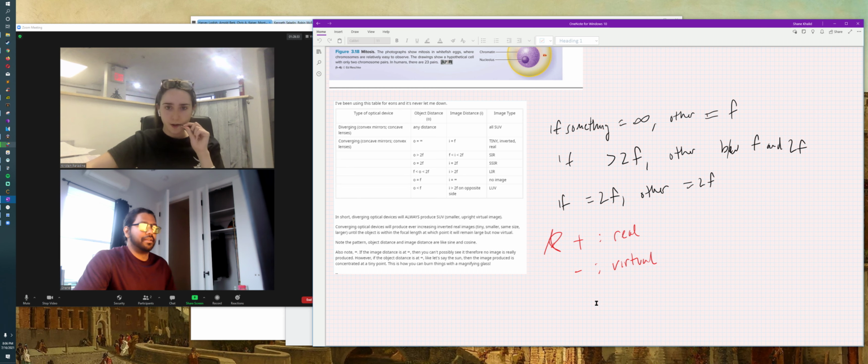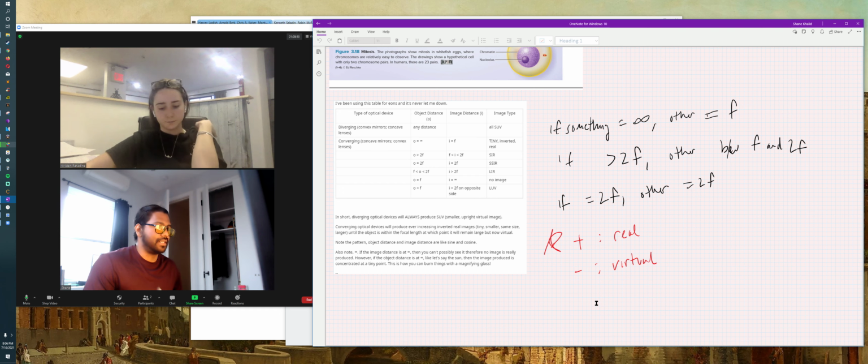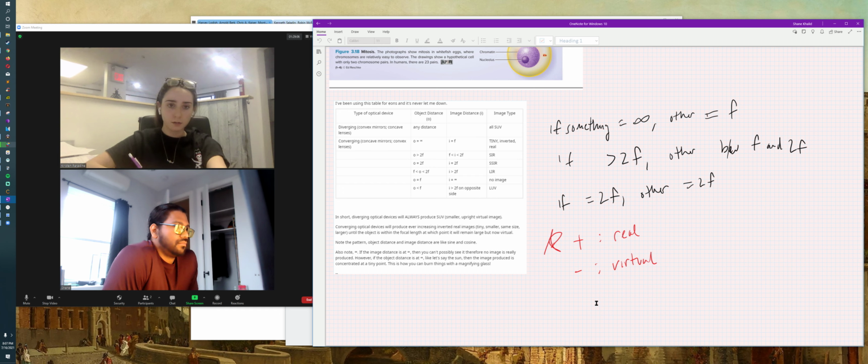If you get a positive value, like if you're using the thin lens equation, a value for I, for the image, then if it's positive, it's going to be real. If it's negative, it's virtual, right? Yes. Mm-hmm.